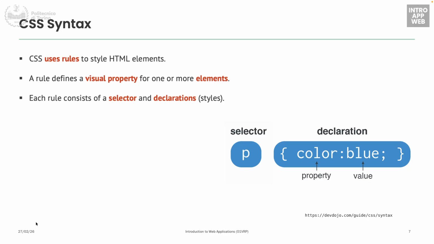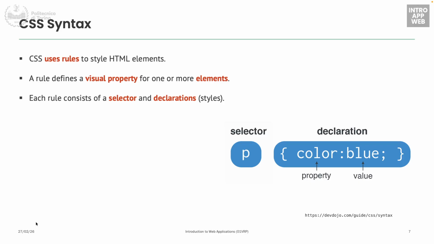Even if I don't explain to you what this means, I think we all might infer what it represents, no? What this rule does. So according to you, what does this rule change? Okay. So the P stands for the paragraph. Yeah, so we are somehow inferring that this has to do with the paragraph.